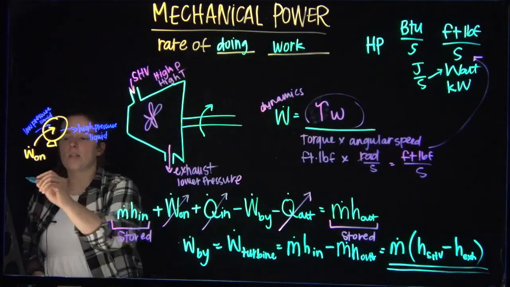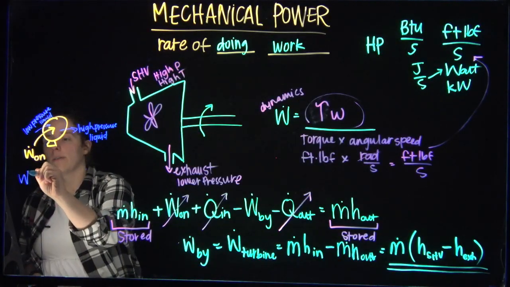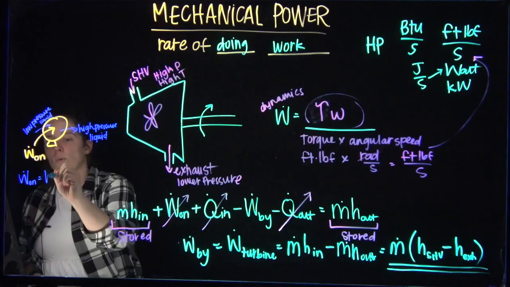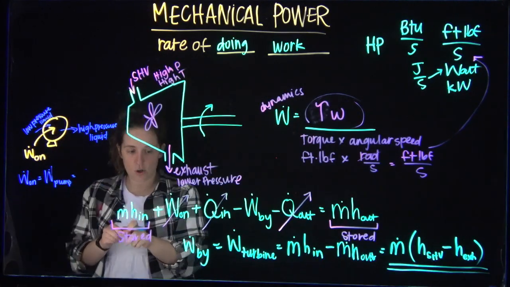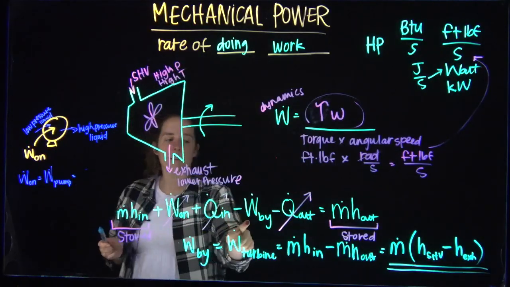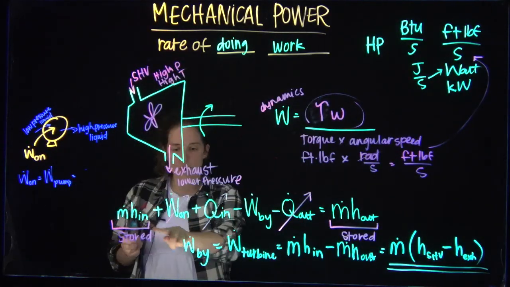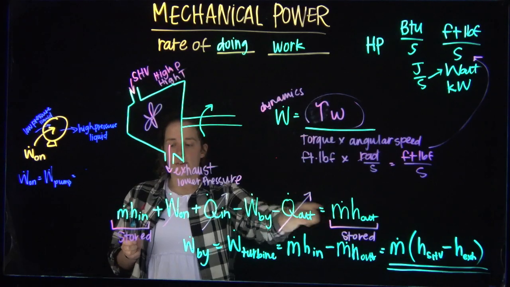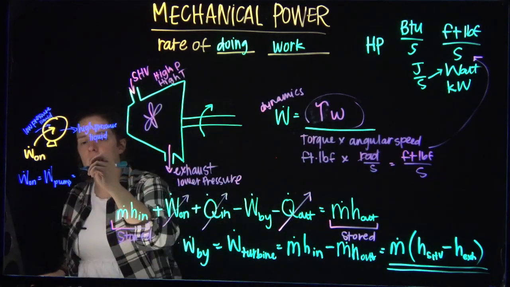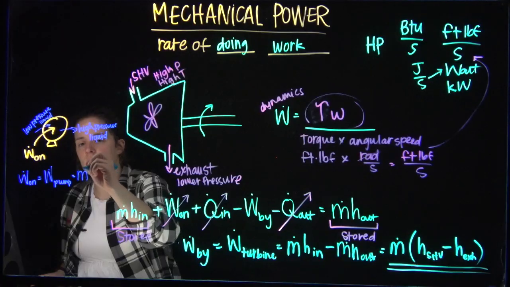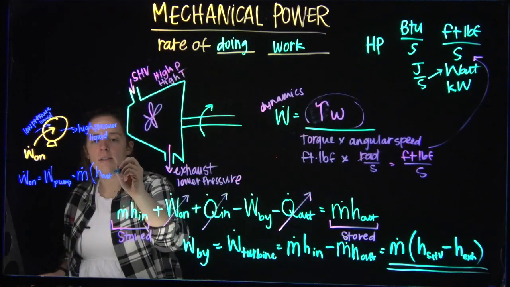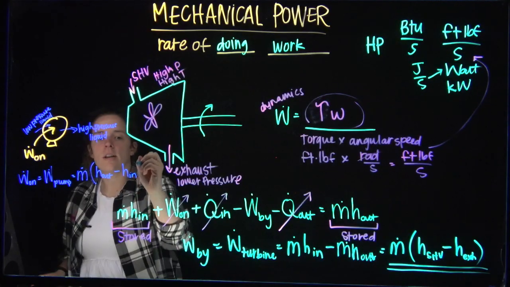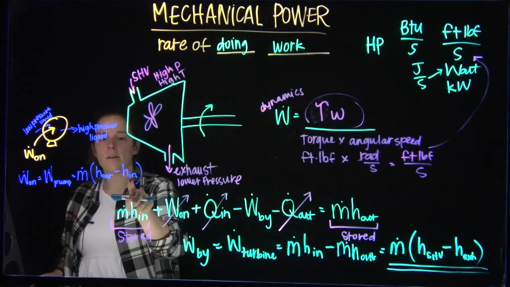So then our equation looks like work on, which is the work of a pump, is equal to, again, think about our signs here, is work on. So now I'm going to move my mass flow rate H in and mass to the other side. So mass flow rate here times H out is our positive one this time, and H in is the negative one this time.